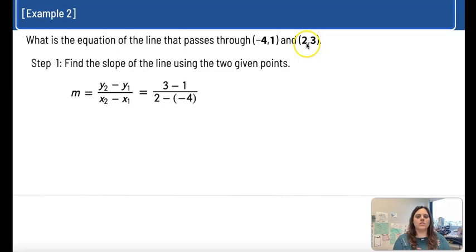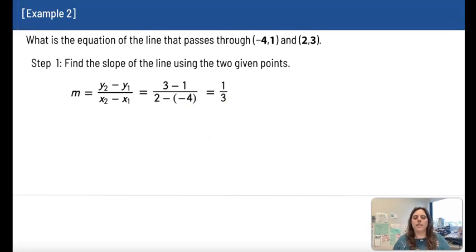And I'll take the x from point 2 minus the x from point 1, so 2 minus -4. 3 minus 1 is 2, and 2 minus -4 is going to be 6. And 2 over 6 reduces to 1/3. So that's how they got the 1/3.